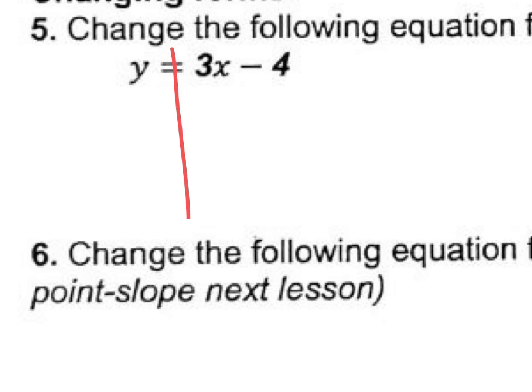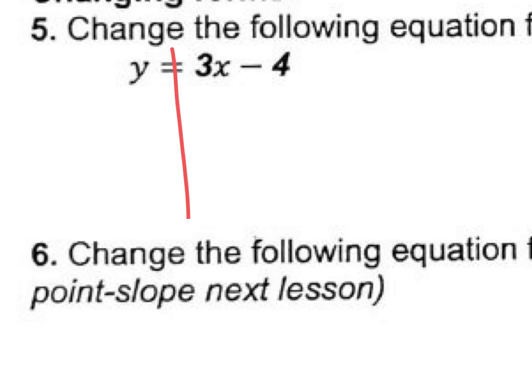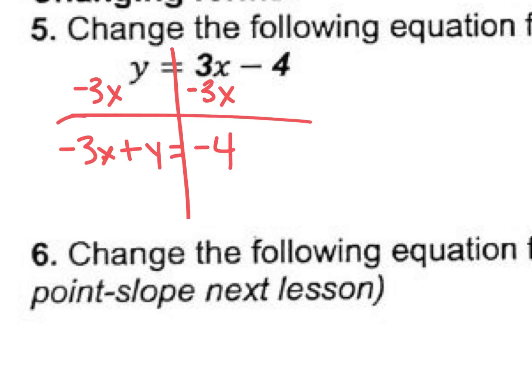We're going to do the opposite. It's a plus 3x, so we're going to minus 3x. I have negative 3x plus y equals, don't forget the negative on the 4. Is my x and my y on the same side? Yes. Do I have any fractions or decimals? No. Hey, guess what? We're done.